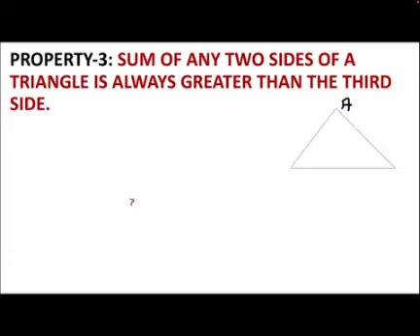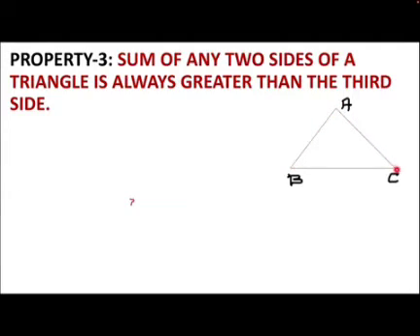Now, the triangle is ABC here. According to that property, if you measure AB, BC and AC, and add AB plus BC, their sum should always be greater than the side AC.